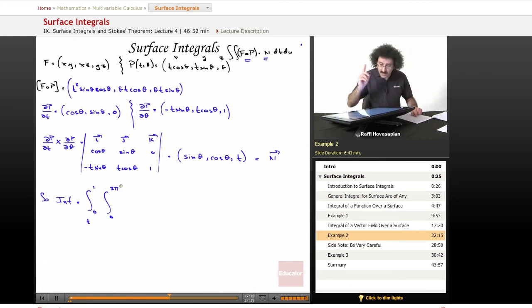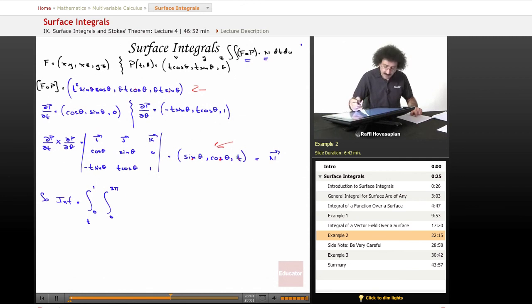Now I have my f of p, which is right here, and I have my n, which is right here. I need to form the dot product of f of p dot n. I could do this times this, plus this times this, plus this times this.